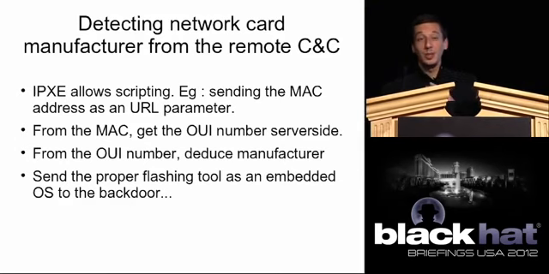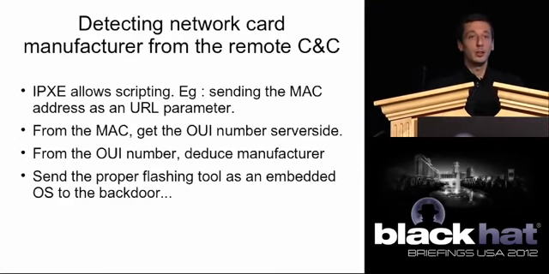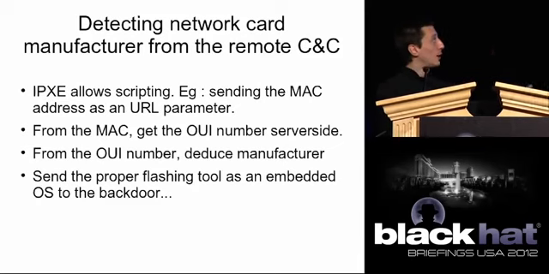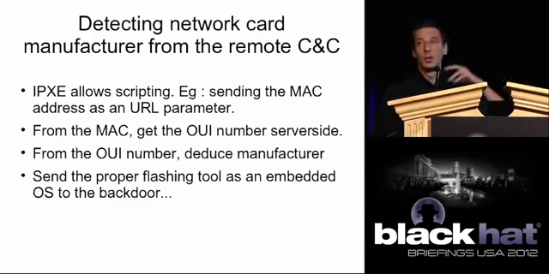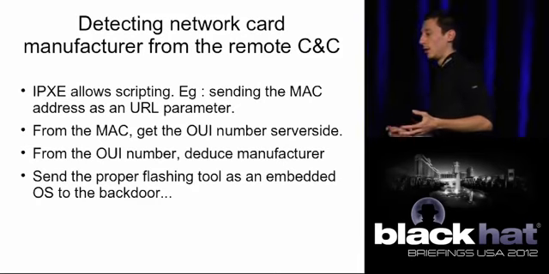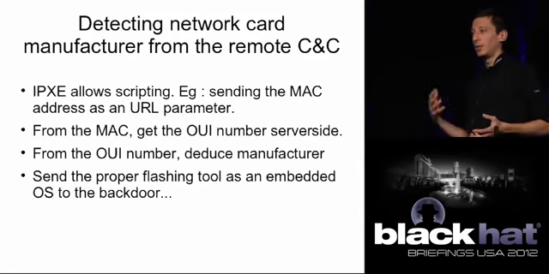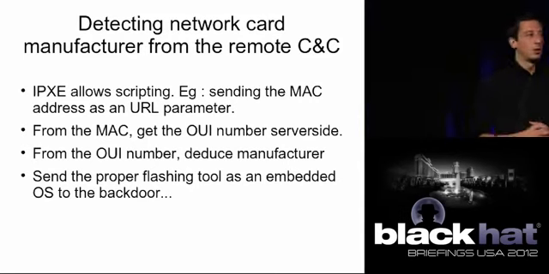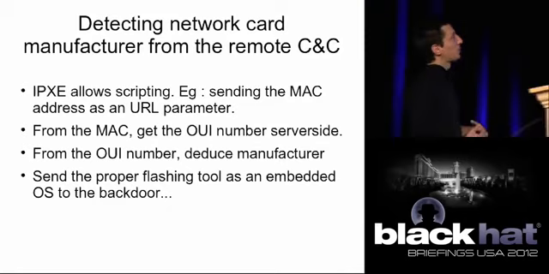To flash another PCI device is actually a lot harder. In particular, we're going to see how to flash the network card. The problem with the network card is that tools to flash the network card are very much vendor dependent. So how do we go around this?